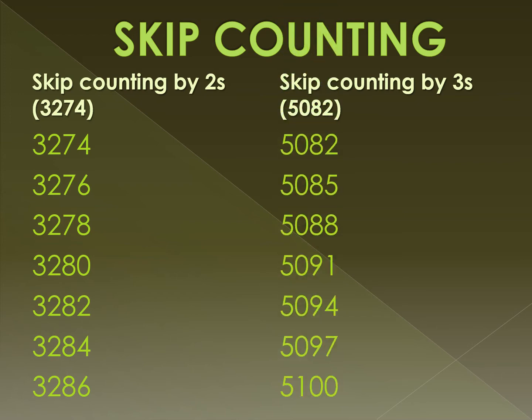So 5,082, add 3, 5,085, add 3, 5,088, add 3, 5,091, add 3, 5,094, add 3, 5,097, add 3, 5,100. So that is how we do skip counting by twos and threes.